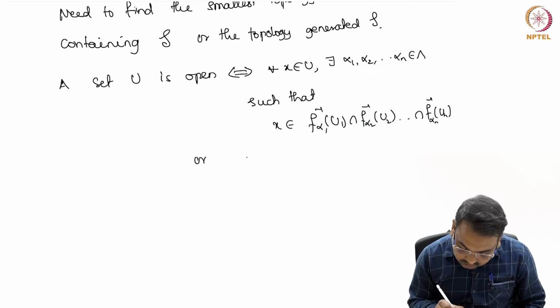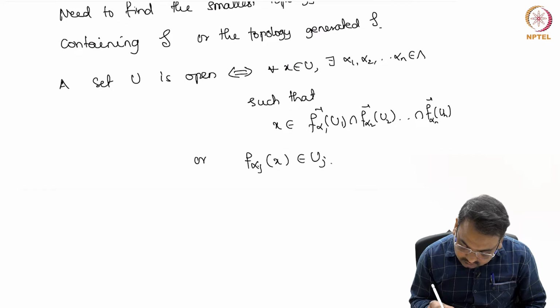Or we can say that F alpha j of x is in Uj.